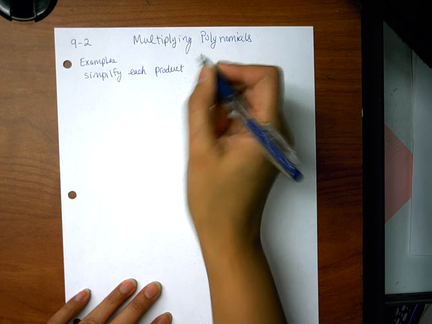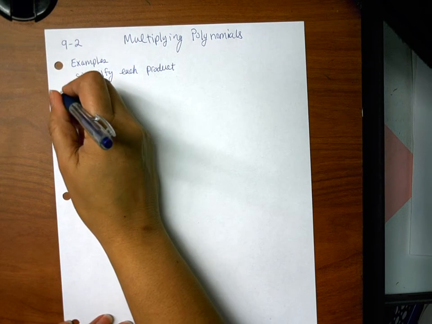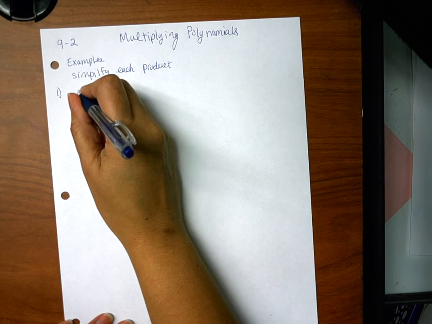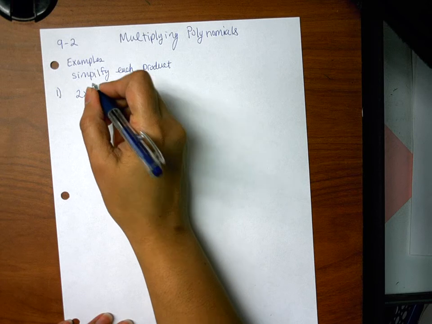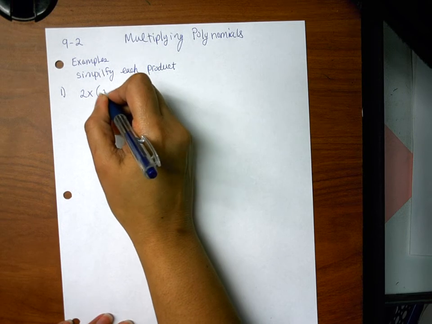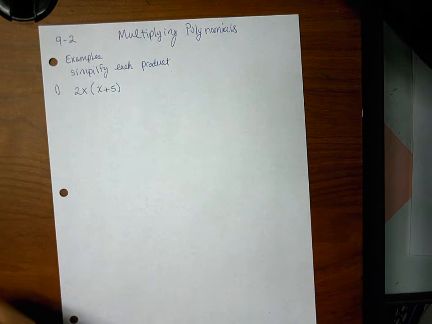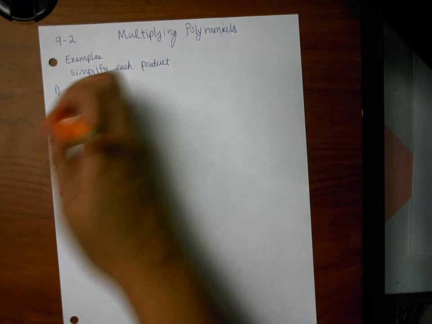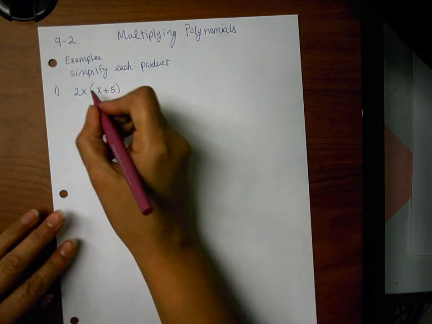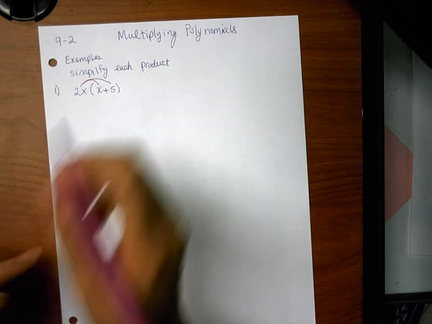Now, we've talked about polynomials in previous lessons, so that part is not new. Now we're going to multiply 2x, which is a monomial, times x plus 5, which is a binomial. And you should know how to do this. This is distribution. This is something you've seen before. You distribute to both of them.